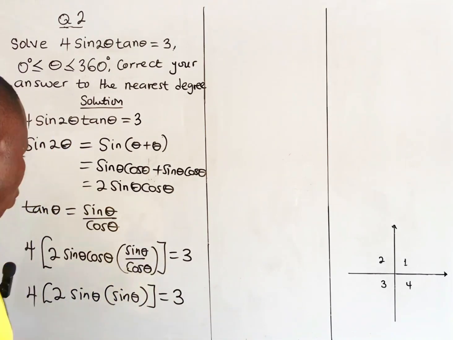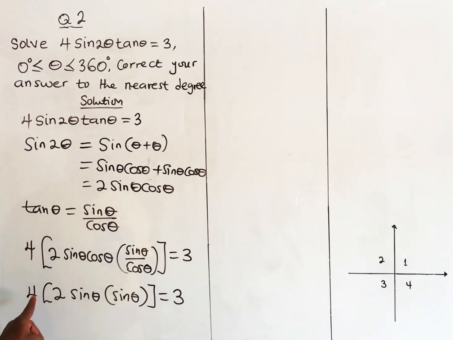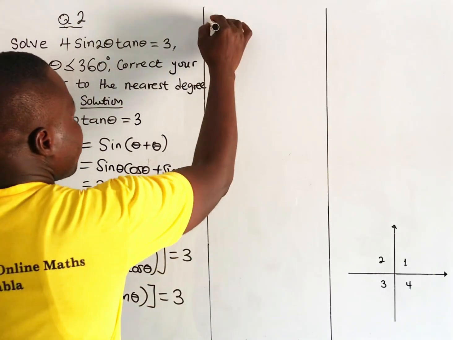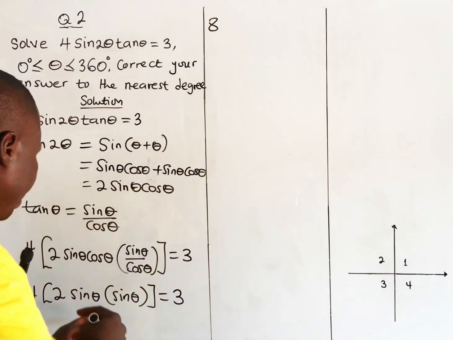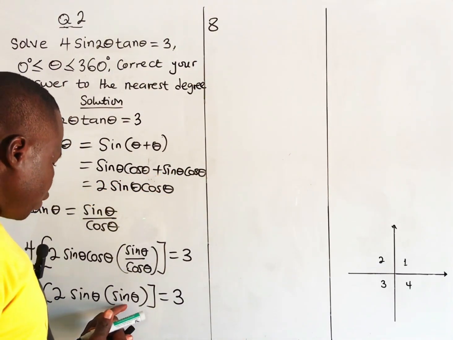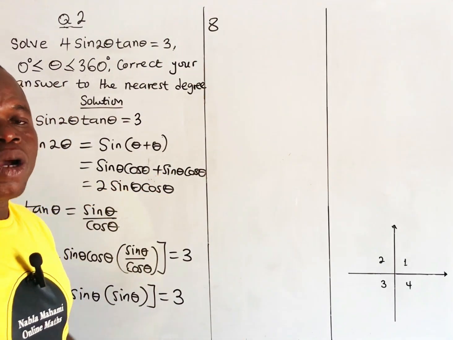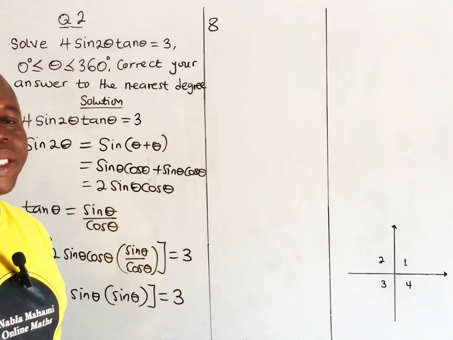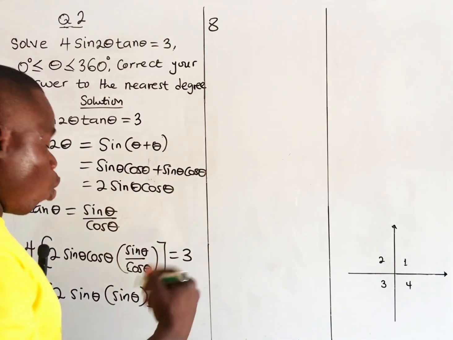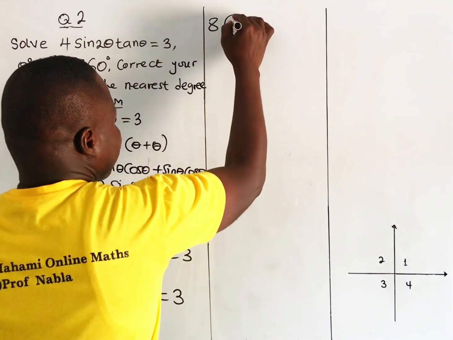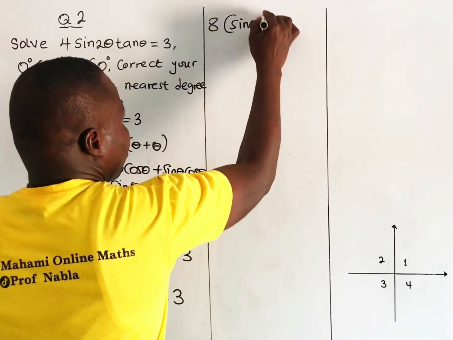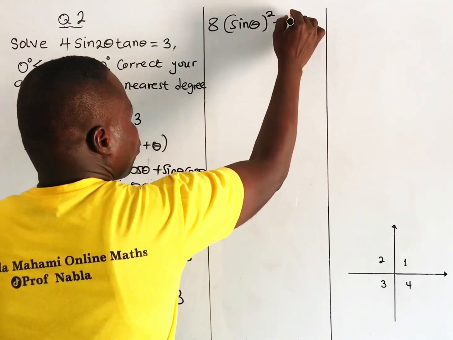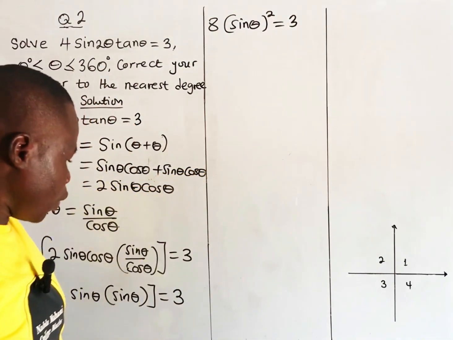To continue, I'll take 4 and multiply by 2, which gives me 8. Sine theta times another sine theta is sine squared theta. So I'll write it as 8 sine theta all squared, which is equal to 3.